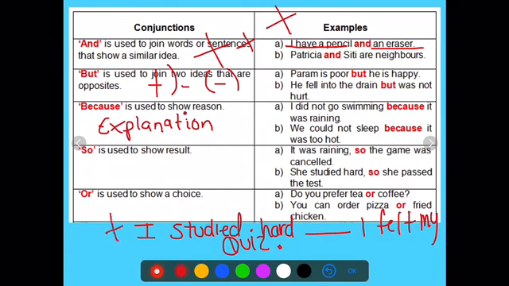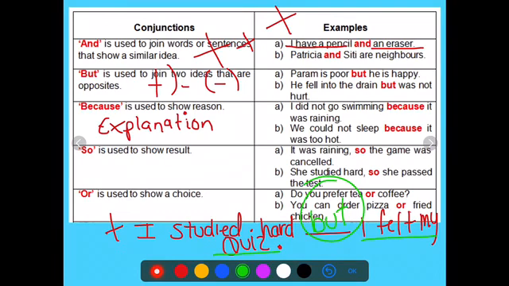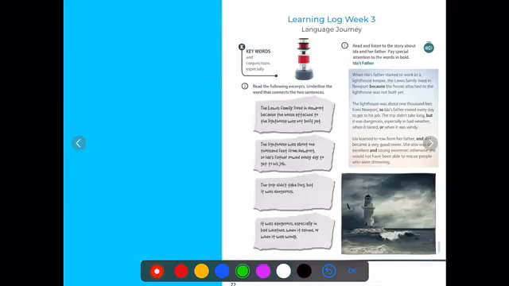I studied hard. This is something good. But and I failed my quiz. Which one should I use? Very good. I should use but, because as the result is negative, I have to say but. And don't worry if you don't fully understand it. You guys are going to have time to practice more and understand it completely.